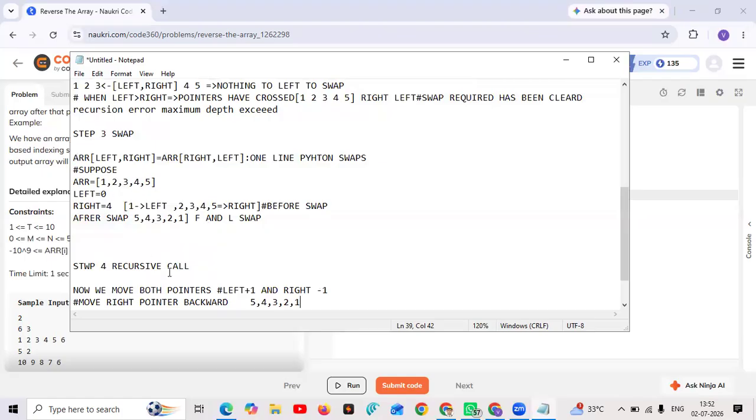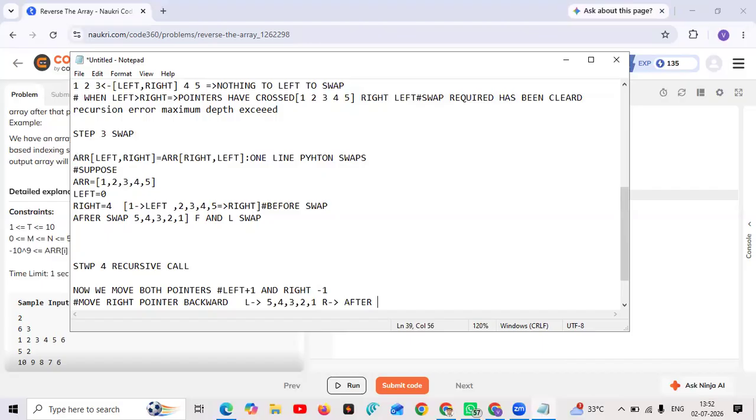In the recursive call, our left is pointing to this 5, and right is already at the last index. If we do minus 1, right will come here.